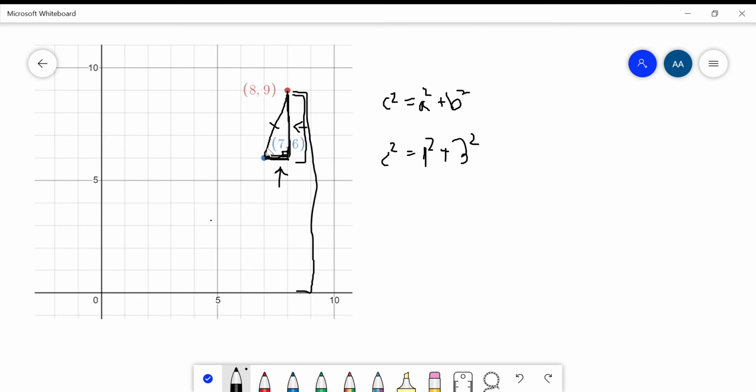But what I really want you to understand is that there's a formula for this, and it's a bit complicated. But if you really understand what it's saying, and if you understood this diagram, it should be pretty easy to grasp. So d squared, and we're going to use d to represent the distance.